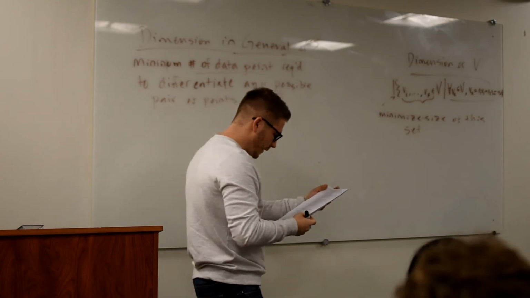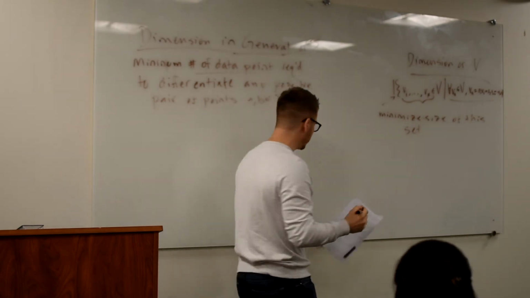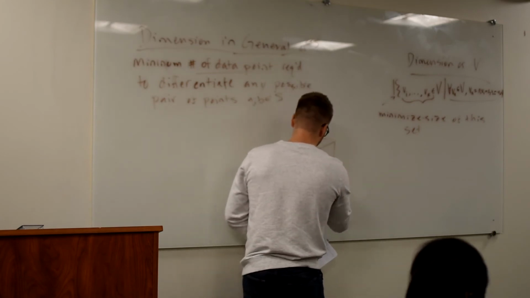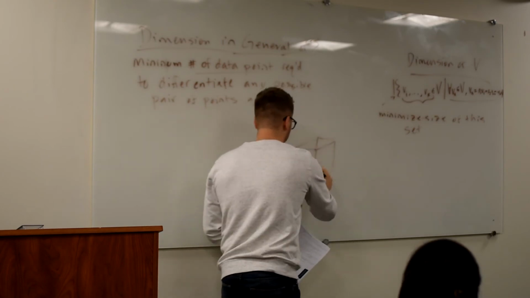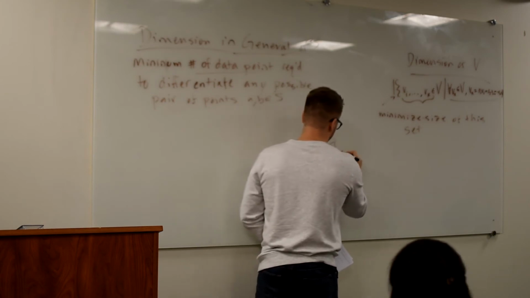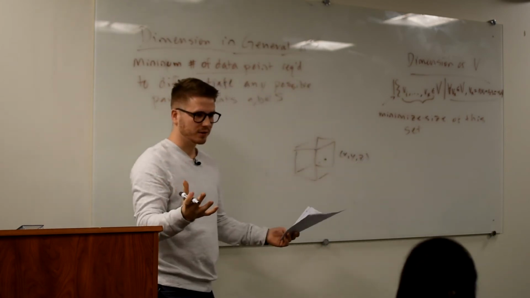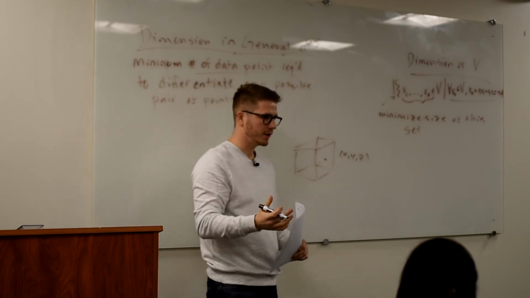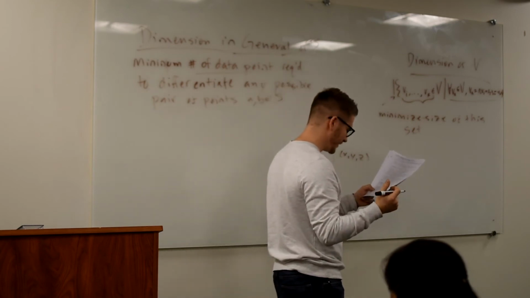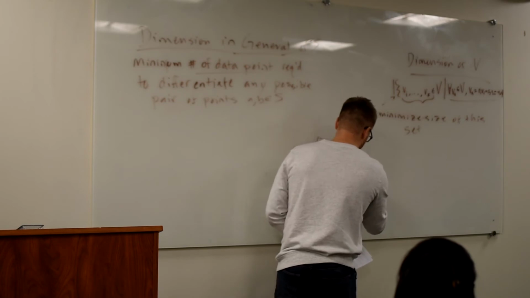So we can give an example here where this becomes kind of wonky. If you have a cube and you have points on the surface of a cube, then you can think of that point as just an XYZ point. And then you'd say, oh, the dimensionality of the surface of a cube is 3. Wrong. It turns out that what you can do is define it via an X and Y point.